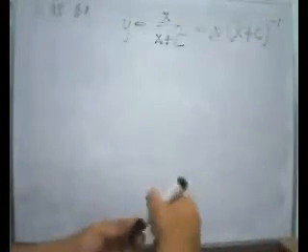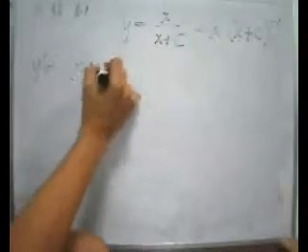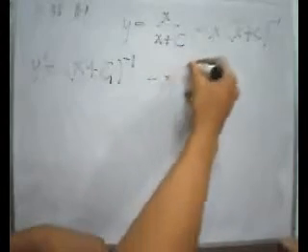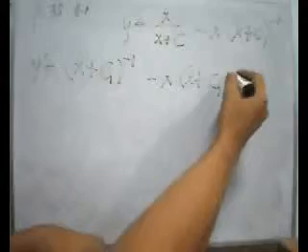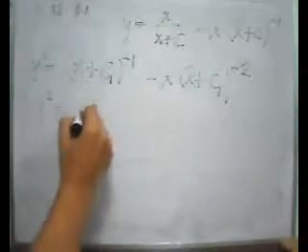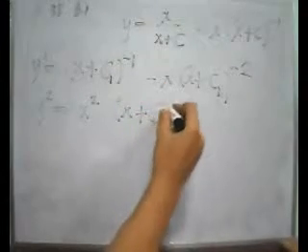Okay, so we find y prime, which is equal to, we have the product rule, x plus c1 to the negative 1, minus x times x plus c1 raised to negative 2, and we have y squared equals x squared times x plus c1 raised to negative 2.